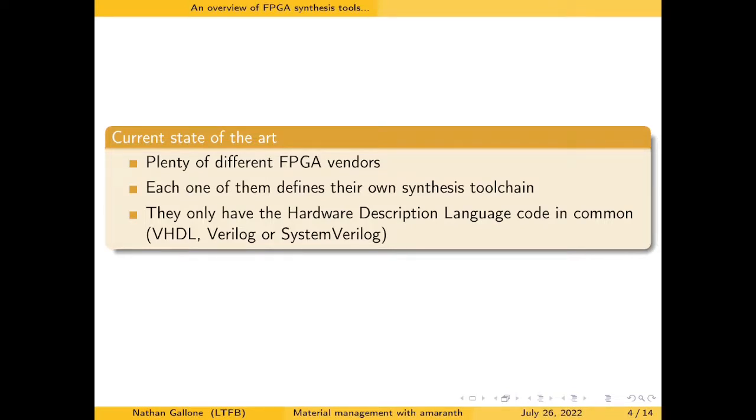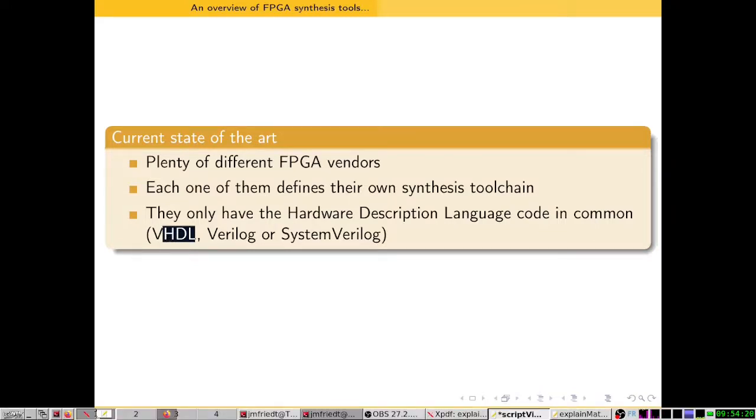And sometimes even one constructor uses different toolchains for different series. In fact, the only thing they seem to share across this electronic ecosystem is the hardware description language. So that's where the HDL here comes from. And you need to know that most of them use Verilog.